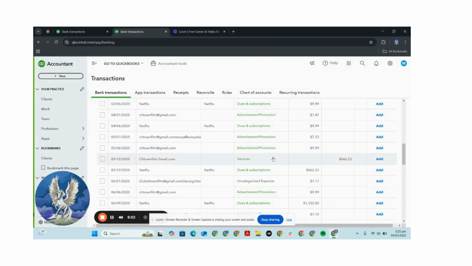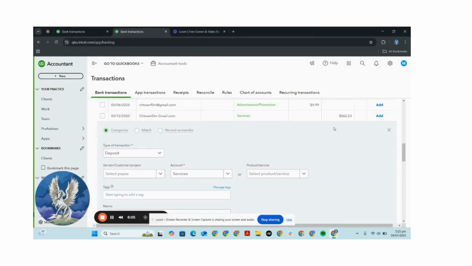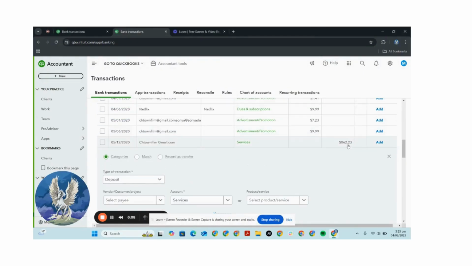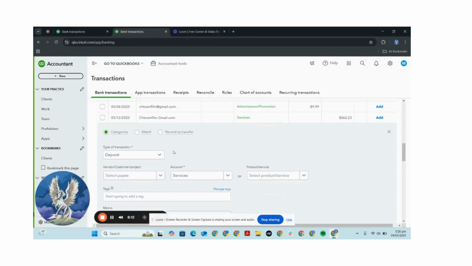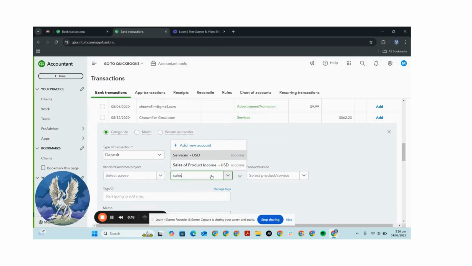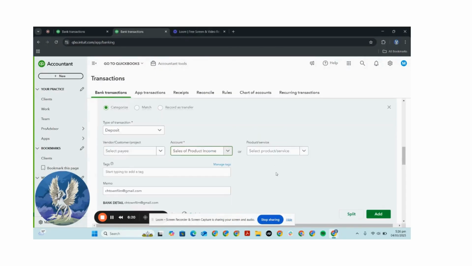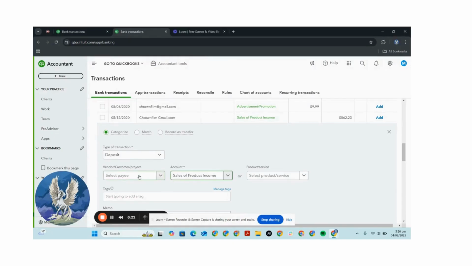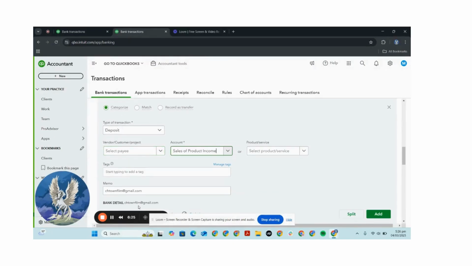What if I want to categorize the income side, the received one? For example, this one, $862.23. It's a deposit, a received one. So the account would be sales or sales of product income, whatever. Or I can add the customer as well. Here it says the town film.